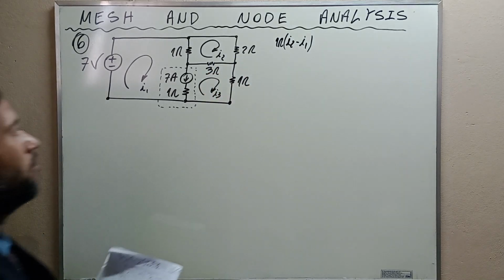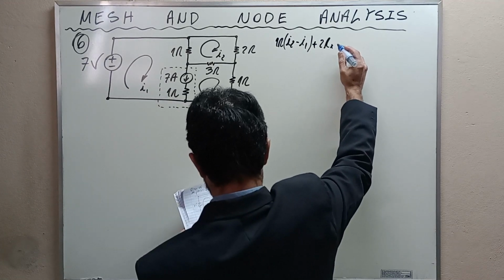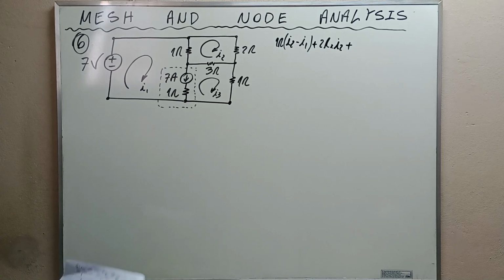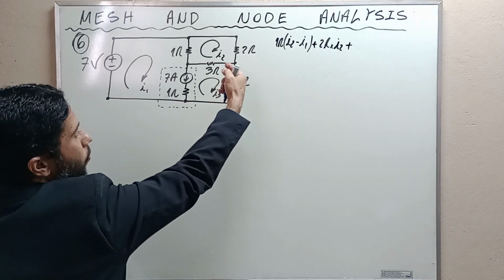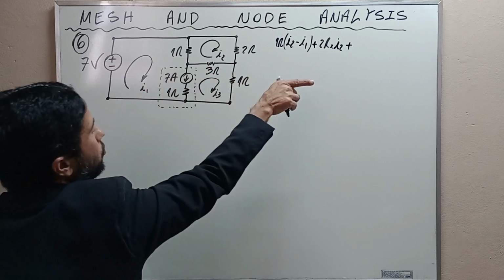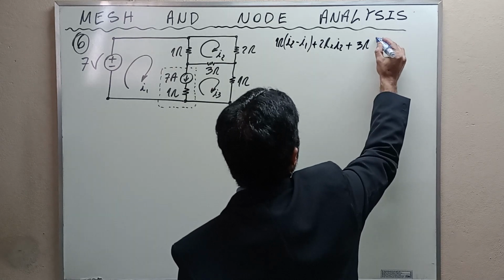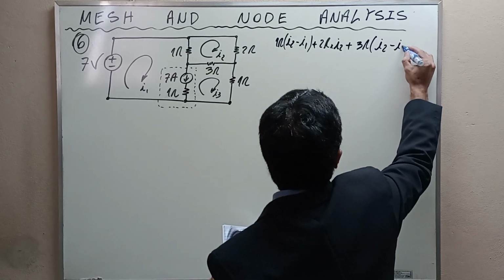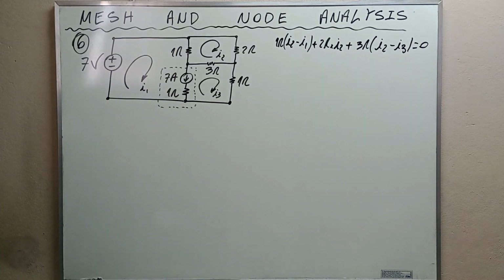The voltage drop is written as 2 ohms times I2 plus, let's consider now this 3 ohms resistor. While I2 passes going this direction, I3 goes that direction. Then it is going to be 3 ohms multiplying I2 minus I3, and this has to be equal to 0.